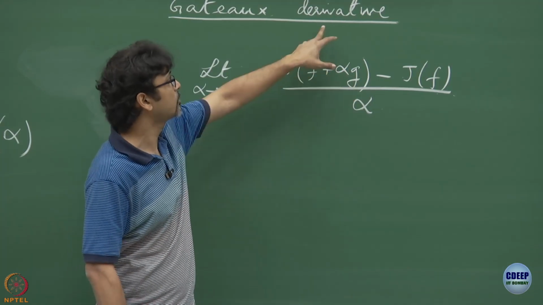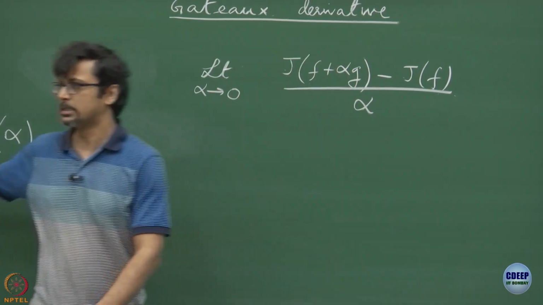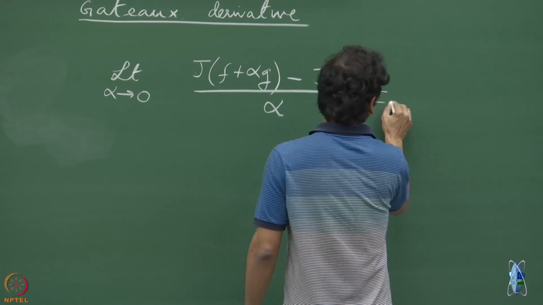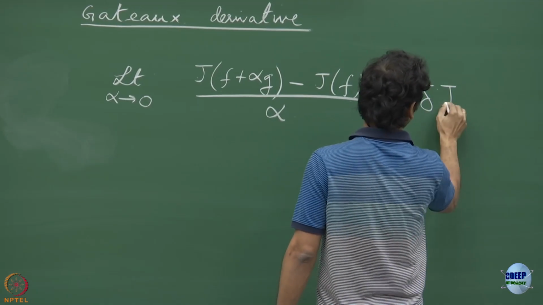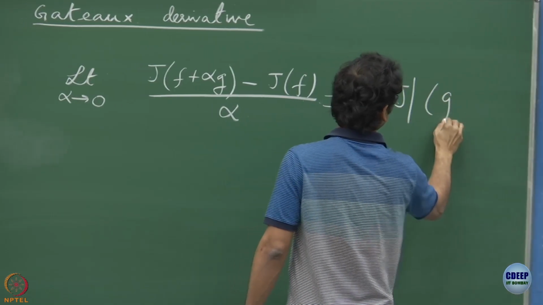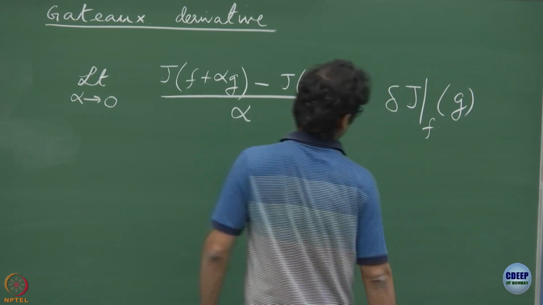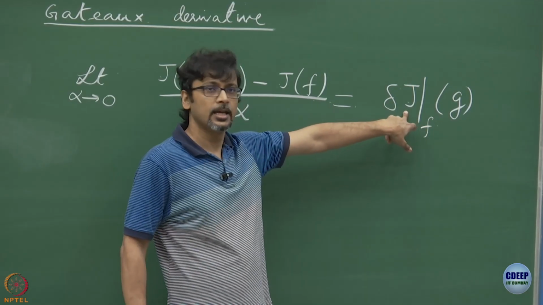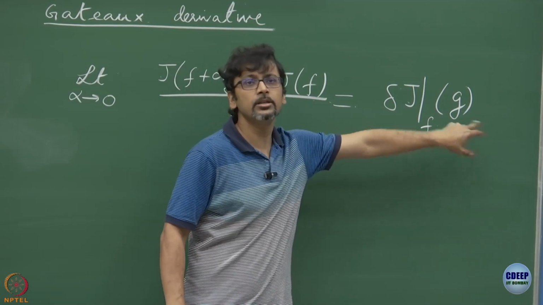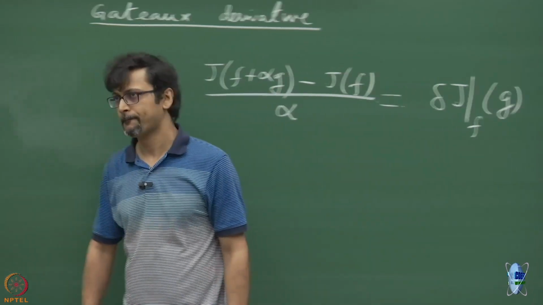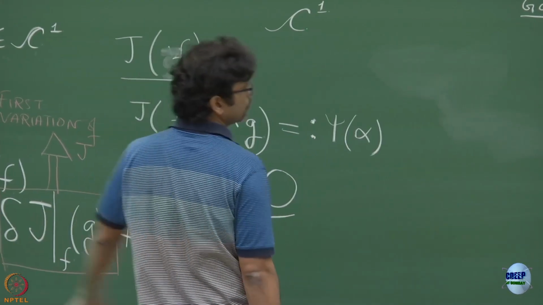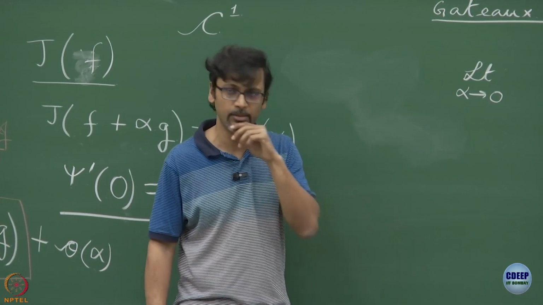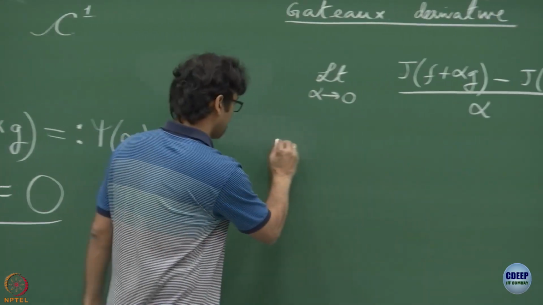It's a special case of Gateaux derivative applied to this, and it will turn out whenever it exists, to be equal to this object that we've just defined: the first variation of this j at f along the direction g.